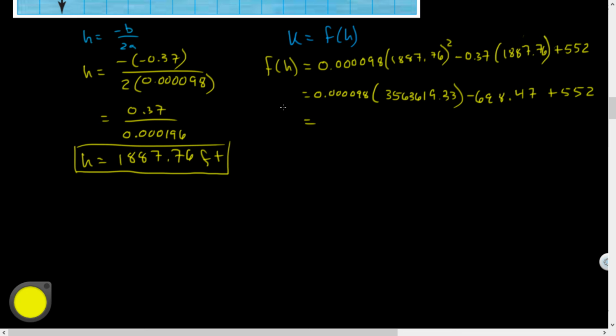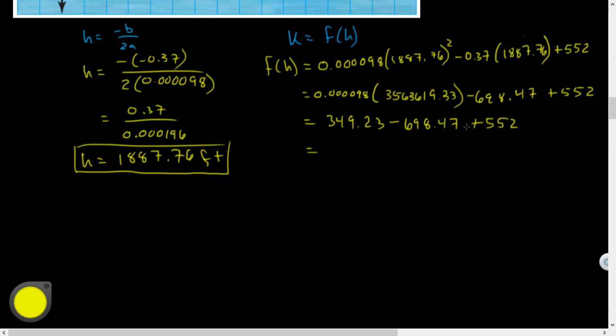0.000098 multiplied by 3563619.33. And I get 349.23 minus 698.47 plus 552. I'm going to do this number minus 698.47.